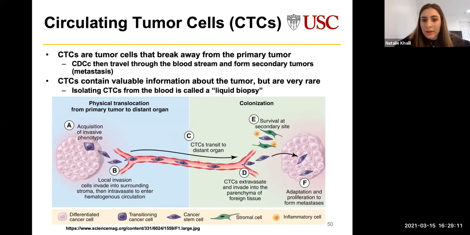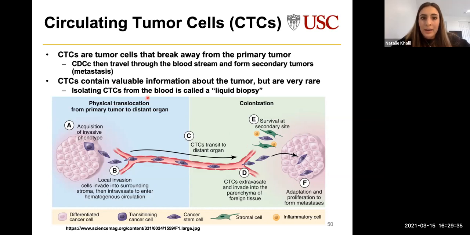And then at distant organs or distant sites, they'll extravasate or exit the blood vessels and form sort of secondary tumors or metastases. And so there's interest in collecting CTCs in order to understand more about a person's state of their cancer. And so the issue with collecting CTCs from blood is that they're a very rare cell population.